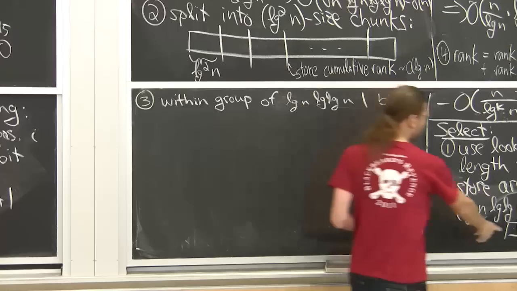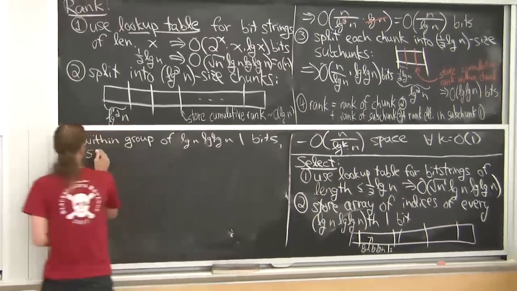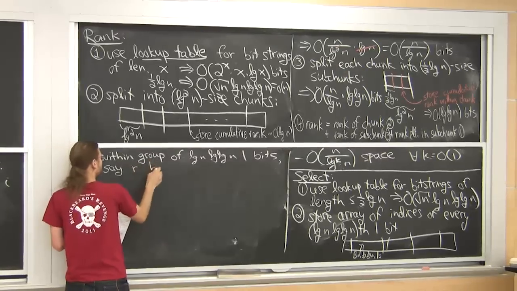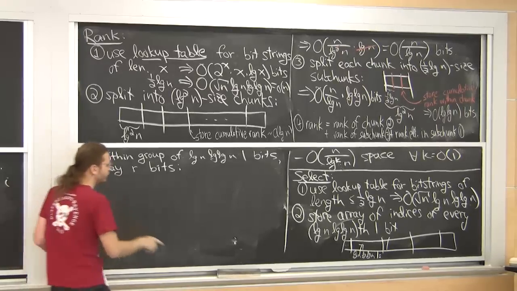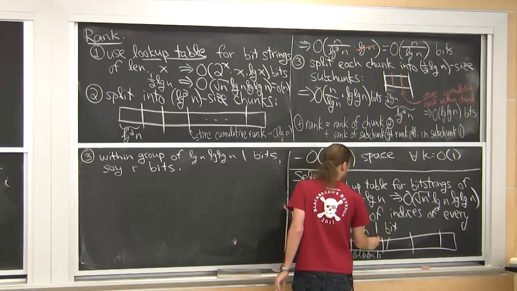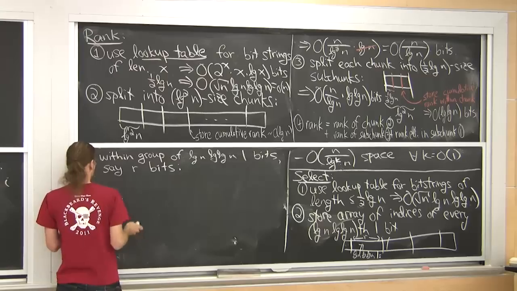So each of these groups has different size. Let's suppose it has size r, so let's say it's r bits long. Okay, r is going to be different for each chunk, but we'll do this for every chunk, every group.